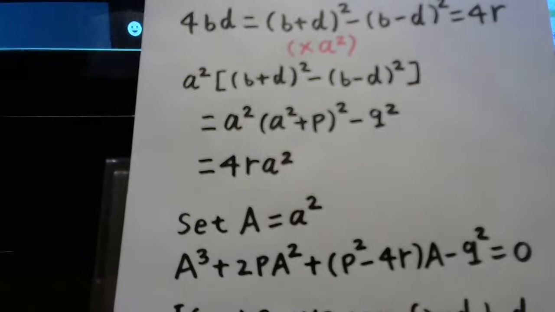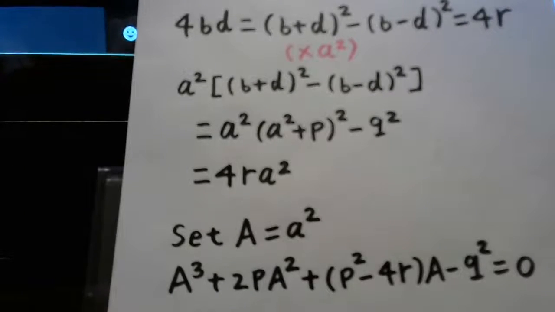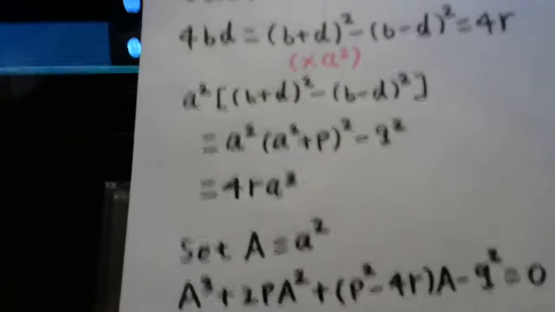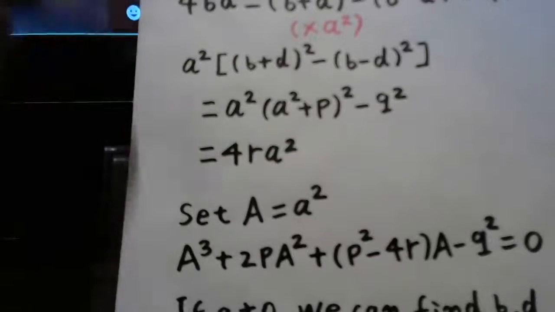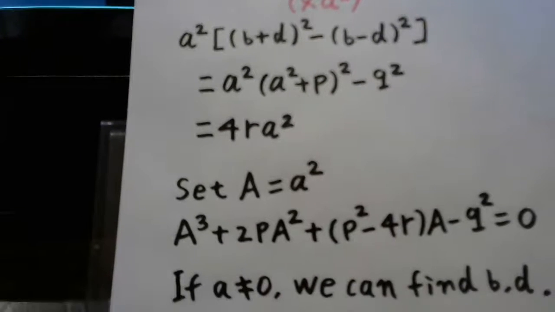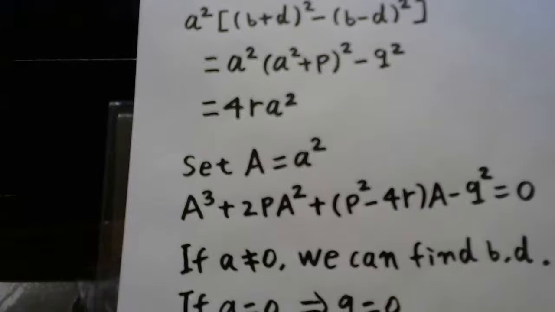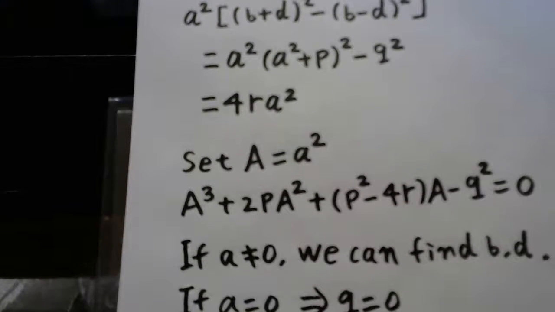Then from this part we have A cubed plus 2p A squared plus (p squared minus 4r) A minus q squared is equal to 0.